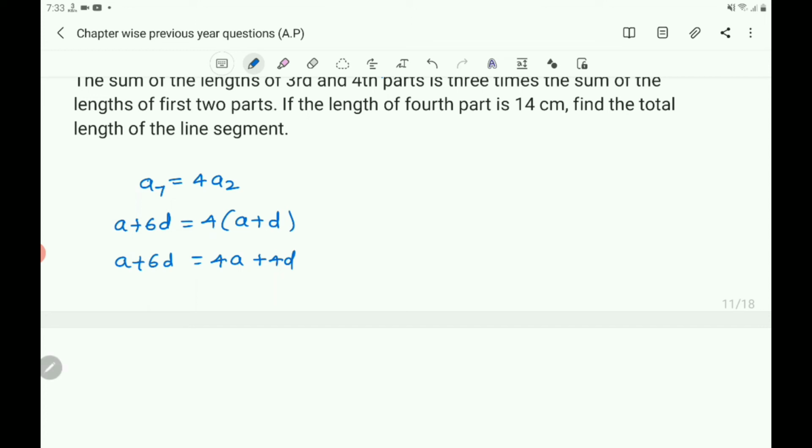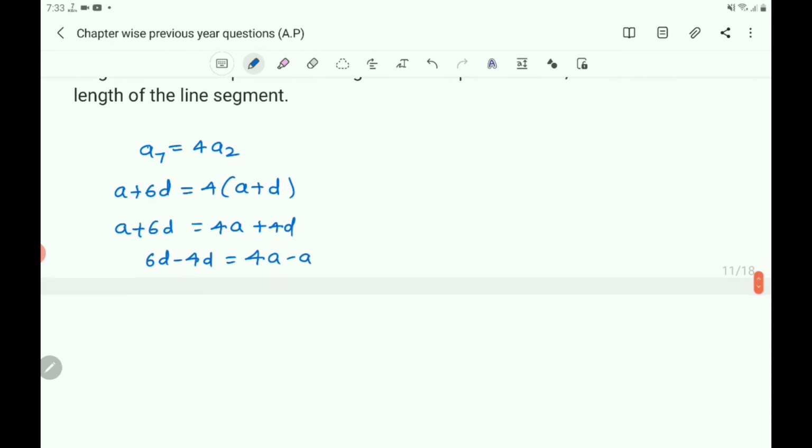Here 4a is greater, so transfer: 6d minus 4d equals 4a minus a. 6d minus 4d is 2d, so 2d equals 3a. Then d equals 3a by 2. Consider this as the first relation.